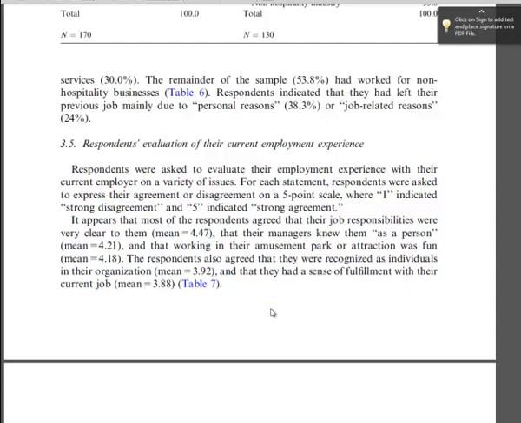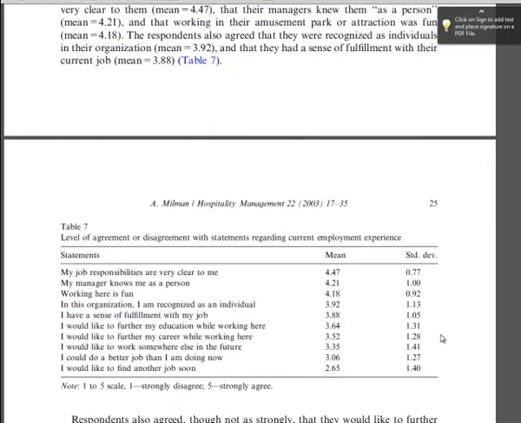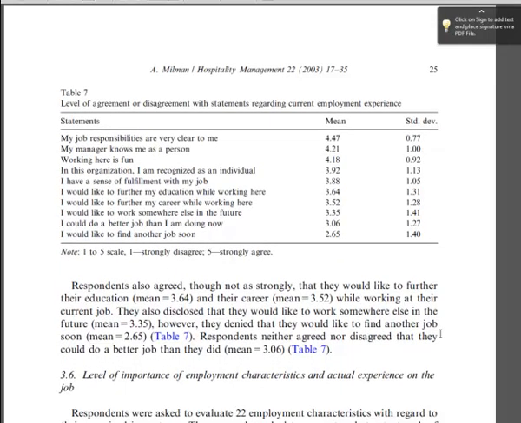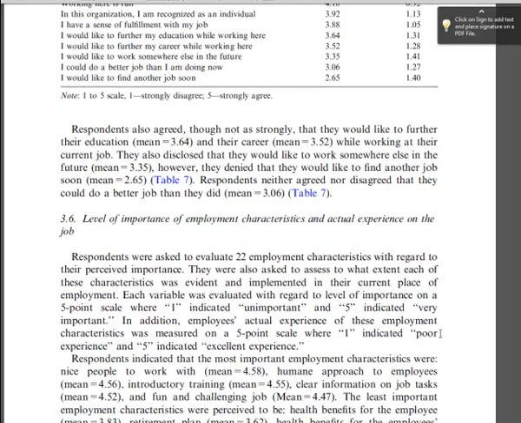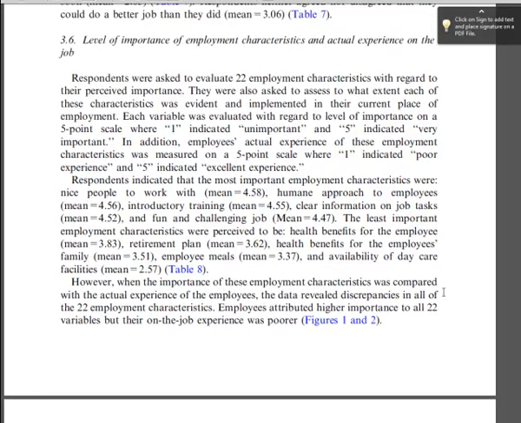So again, still answering descriptive types of questions. Let's move on down through. We're seeing more and more means, so still looking at descriptive. It looks like they changed the Likert scale to where 1 indicated unimportant and 5 indicated important.